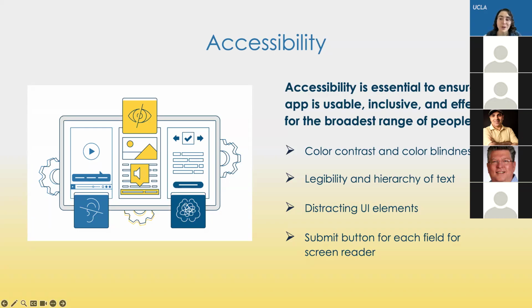Making sure that hierarchy is consistent and clear, clear H1, H2, body text defined and consistent throughout. We also want to eliminate any distracting UI elements, and this could include things like autoplay video or autoplay slideshows. And also making sure that the app can be read by a screen reader. So, for example, having a submit button for each field so that a screen reader can easily submit an input field.